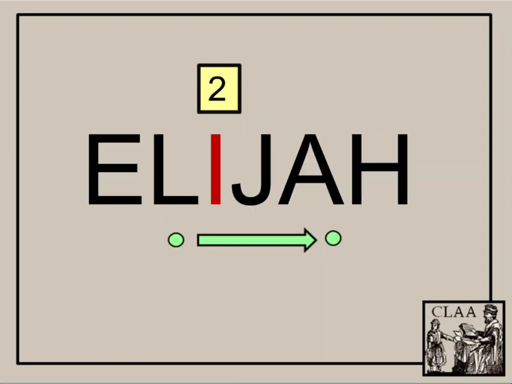We also learned that when the vowel I is found before a single consonant in a syllable that is stressed, it is read with the long I sound. Look at this word carefully. You can see that the vowel I comes before a single consonant, the consonant J. In this word, the syllable that the letter I is in is stressed, so it's read with a long I sound.